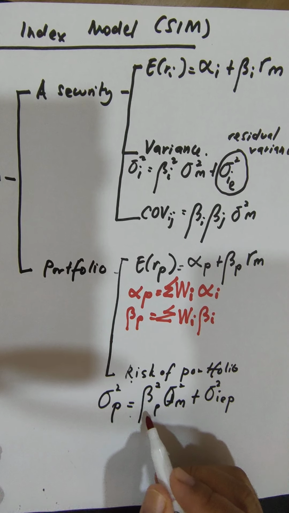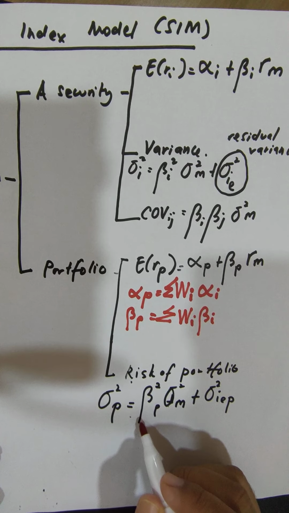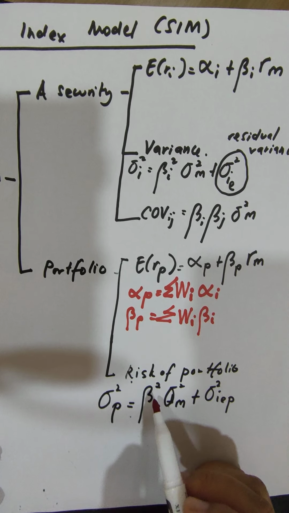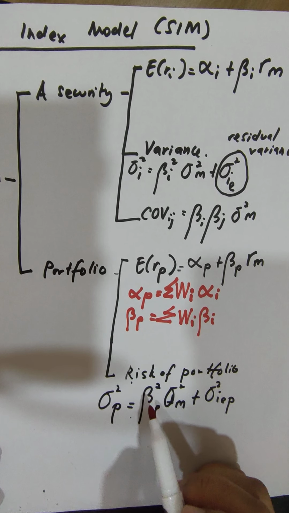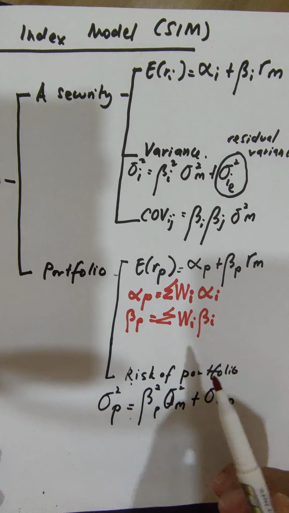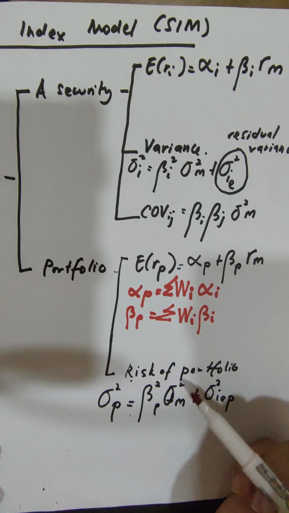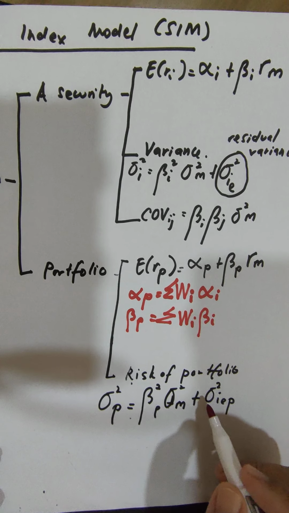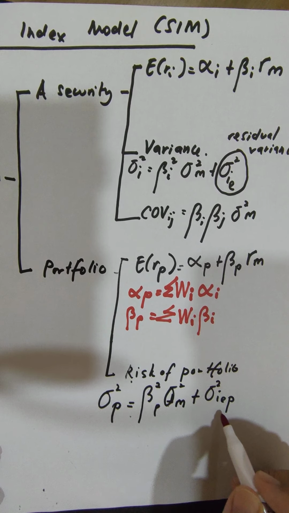For beta, you already got the value from the earlier calculation, so you just make it a power of 2. The variance of market, the question already gives it to you. And last but not least will be the residual variance.